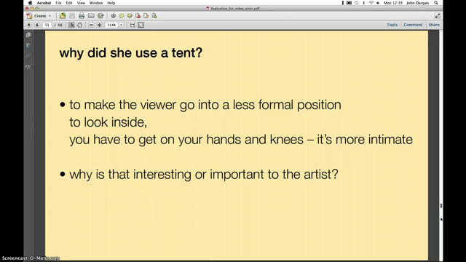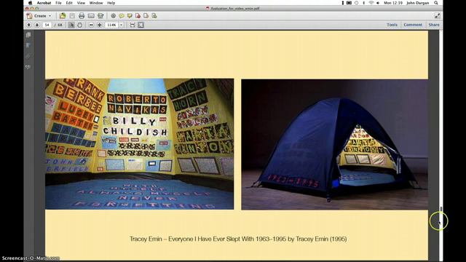So this forces you to get down onto your hands and knees if you want to have a look, which is quite an interesting thing to make someone do if they want to view your artwork. It makes it a bit more intimate, I guess. That change of your body position is very important, I think, to the artist. Why was it important, do you think?